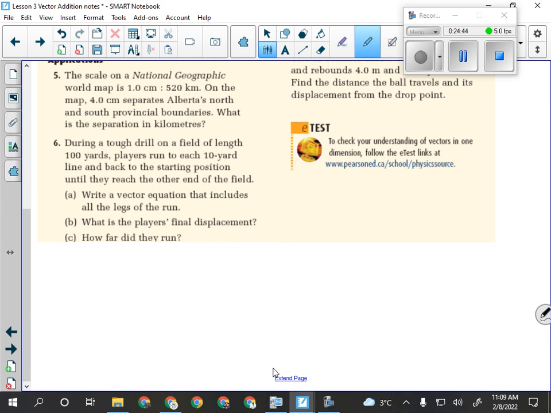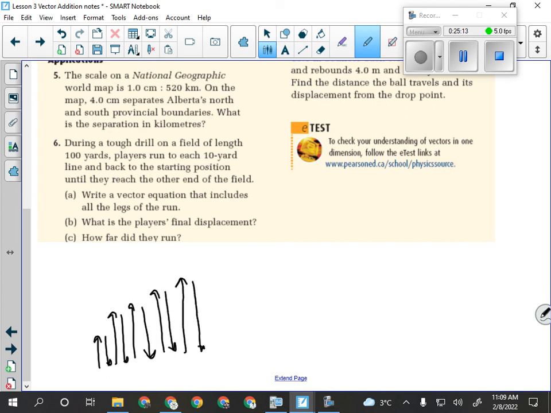So they do a tough drill on this field that's a length of 100 yards. Players run to each 10-yard line and back to the starting position until they reach the other end of the field. So we've got to 10 and back, and then to 20 and back, and then to 30 and back, and then to 40 and back, and then to 50 and back, to 60 and back, to 70 and back.